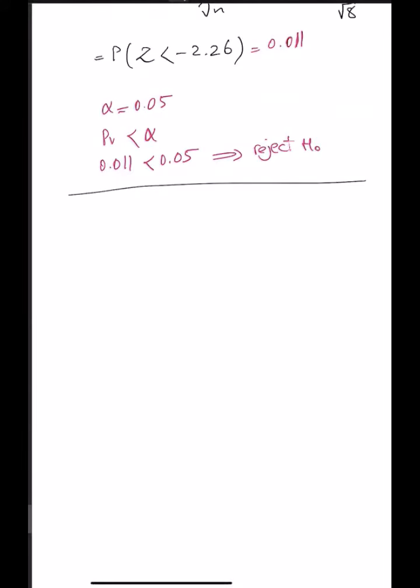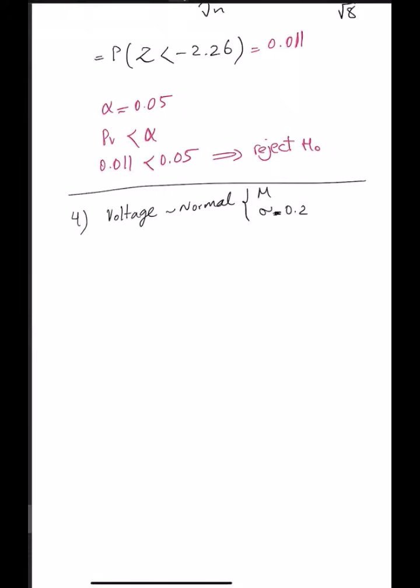Okay, now let's look at question 4. In question 4, again, we are looking at the same problem context. Again, we are looking at the voltage of a PC. This voltage is assumed to have a normal distribution with an average that we don't know and a standard deviation of 0.2 in this scenario.